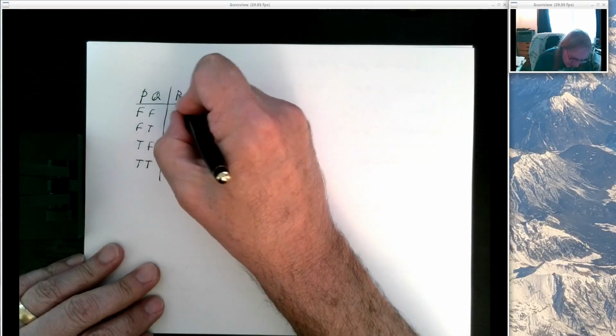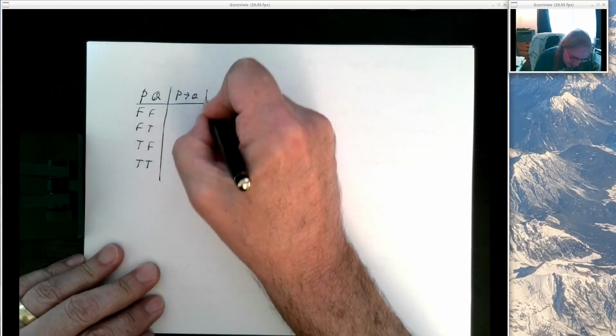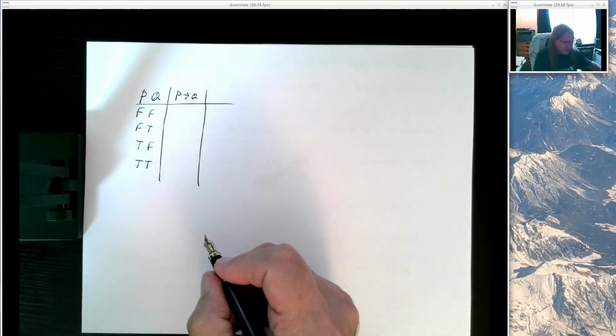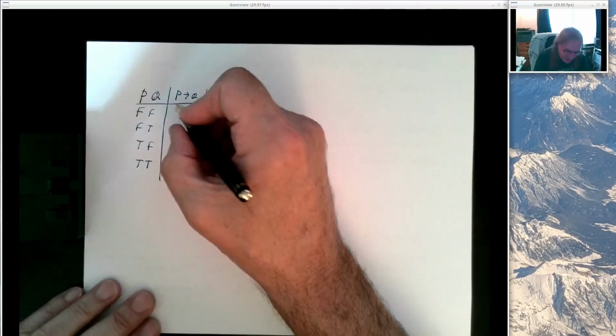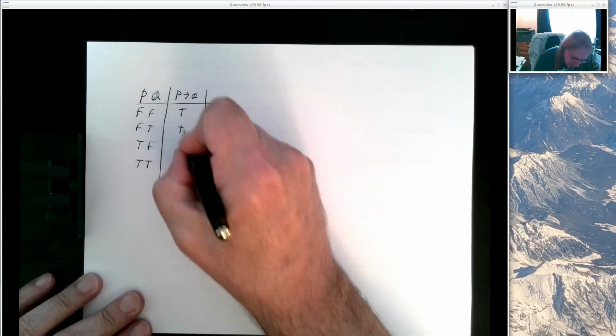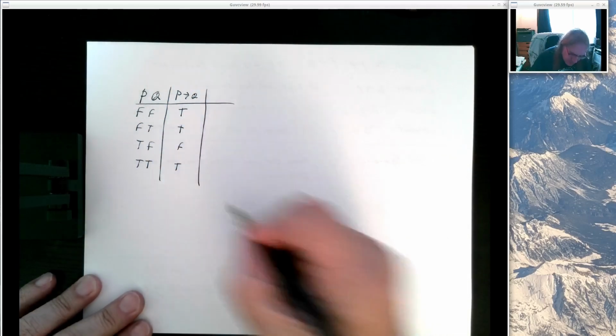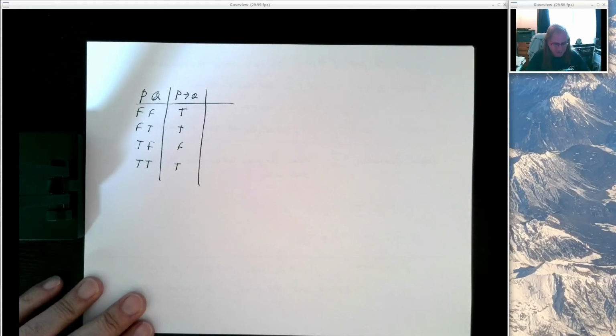So I'm going to make a column for if P then Q. And I'm just going to copy what we already had here. So if P then Q has this set of values.